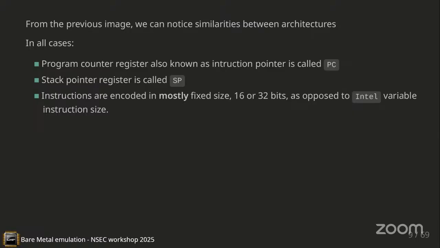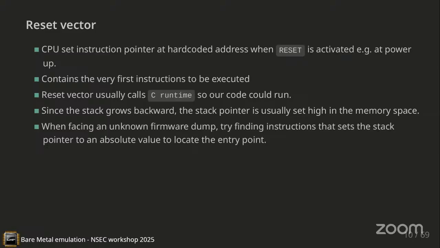No questions? All right, the reset vector. The CPU will go to a specific address once the reset line is activated, and the reset line activates at power up. So you power up your CPU, it will have a reset interrupt, go to the reset vector, and start running code there.